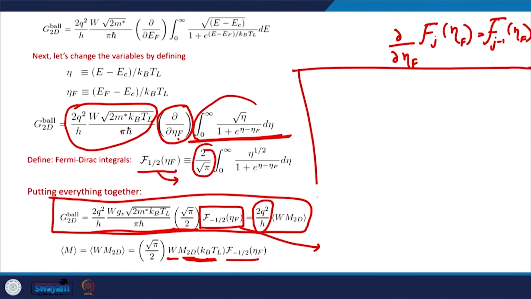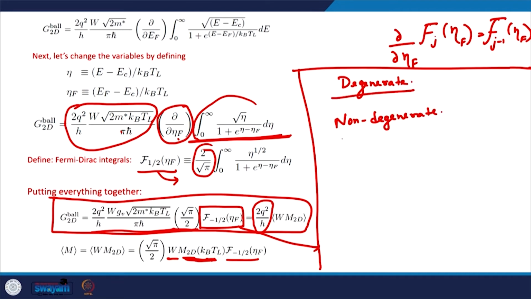There are also a few things that I would like to highlight here. I mentioned that semiconductors can be of two types, degenerate or non-degenerate.